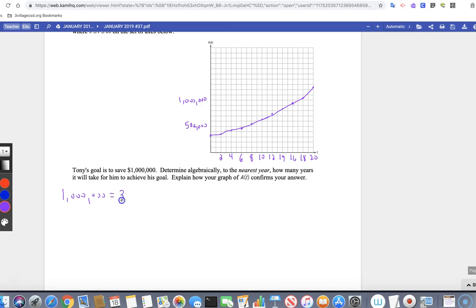So if we do that, again, we would set 1 million equal to 318,000 times 1.07 to the t. And now, as was the case this year, when we're trying to solve for the variable which is in the exponent, we have to get the base and the exponent by itself. So we would start that process by dividing both sides by 318,000.